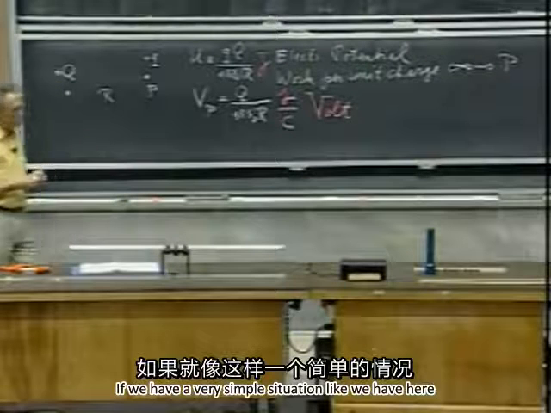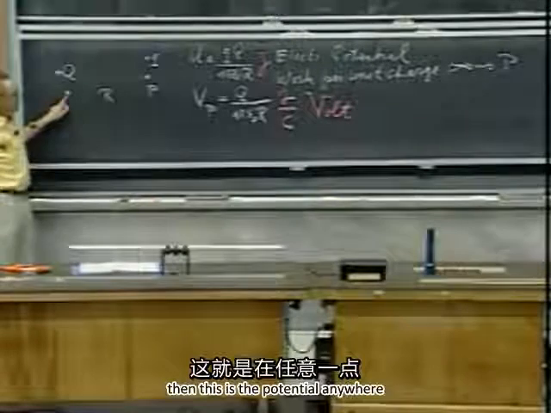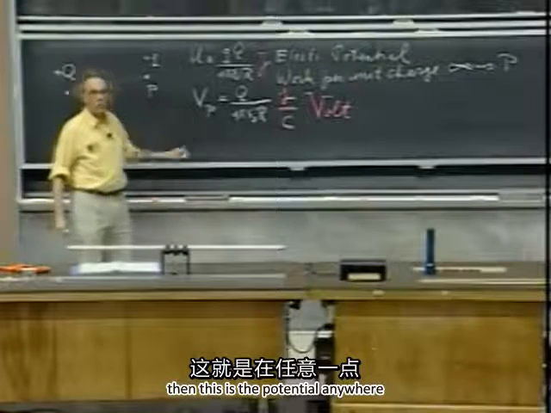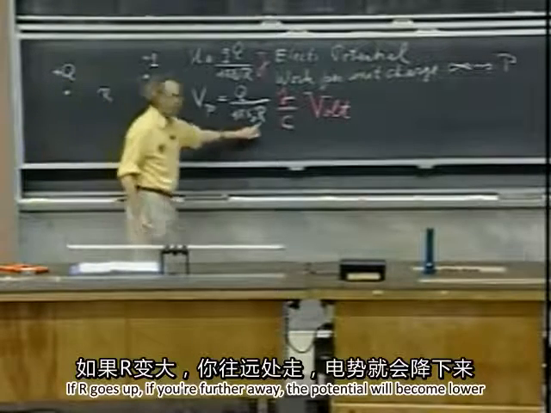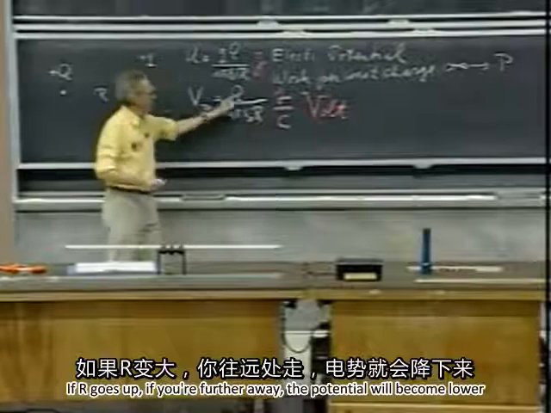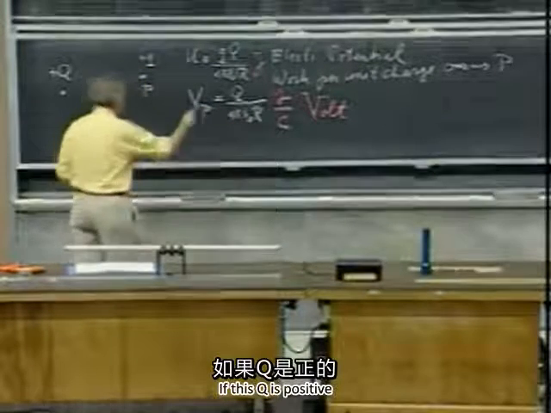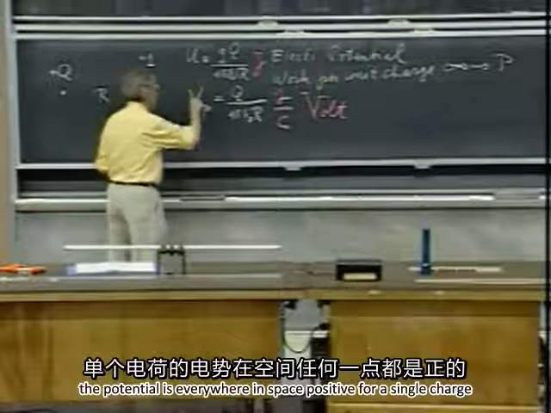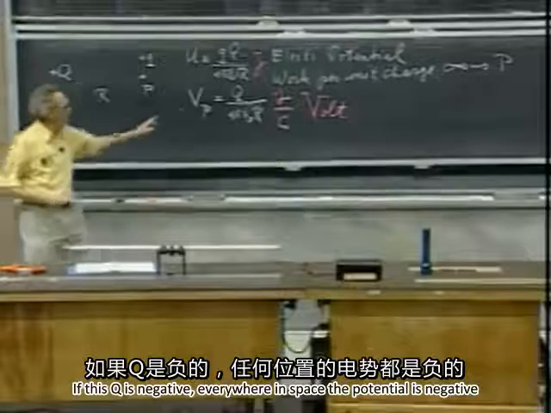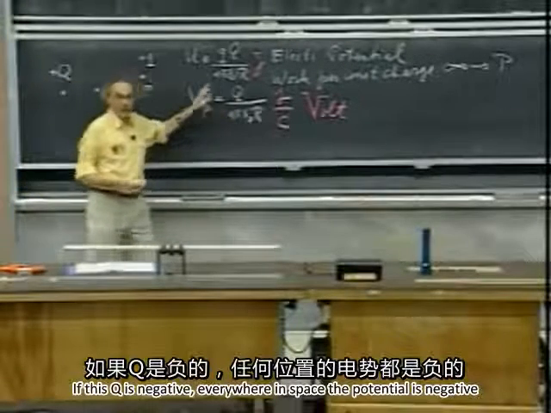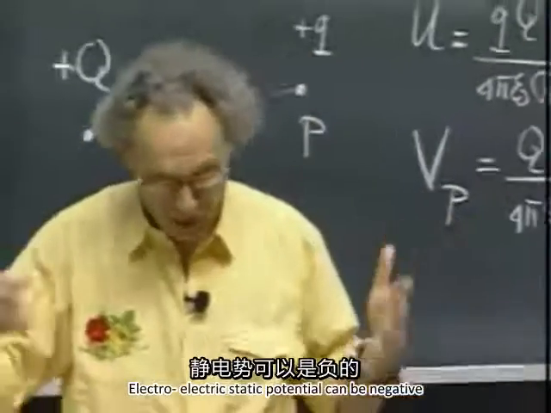If we have a very simple situation like we have here, that we only have one charge, then this is the potential at any distance you want from this charge. If r goes up, if you're further away, the potential will become lower. If this Q is positive, the potential is everywhere in space positive for a single charge. If this Q is negative, everywhere in space the potential is negative. Electrostatic potential can be negative.